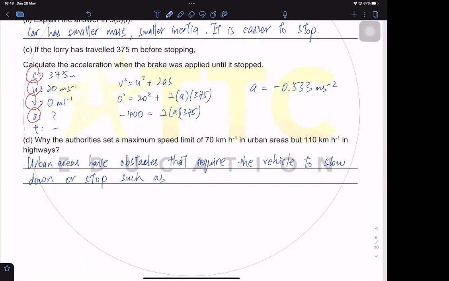Urban areas have obstacles that require the vehicle to slow down or stop, such as intersections. Intersection means like the road crossing. Road crossing means intersection. Traffic lights and zebra crossings. Intersections, traffic lights, and zebra crossings.